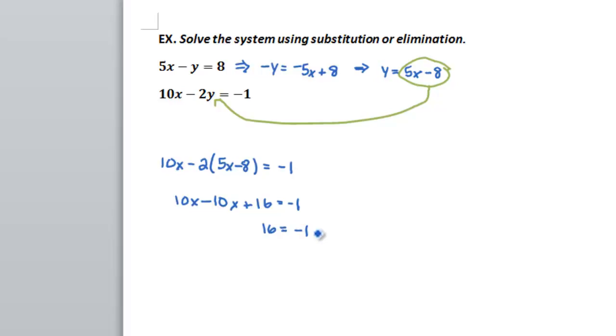Now we have a problem. 16 is clearly not equal to -1. This equation is false. This is our indication that this system is inconsistent. It has no solution. There is no point that lies on both of these lines.